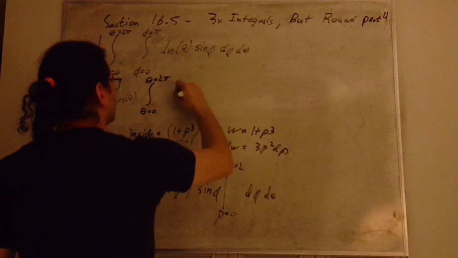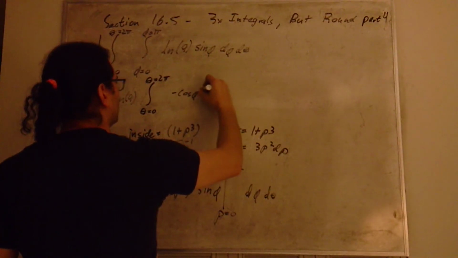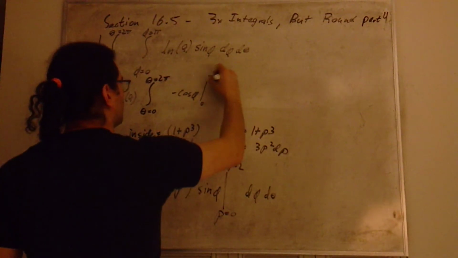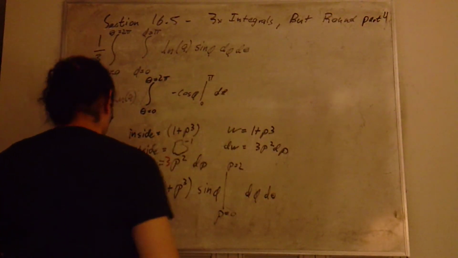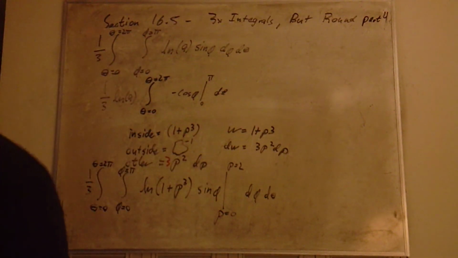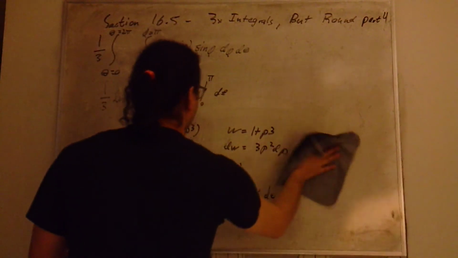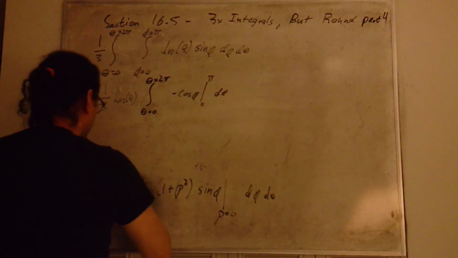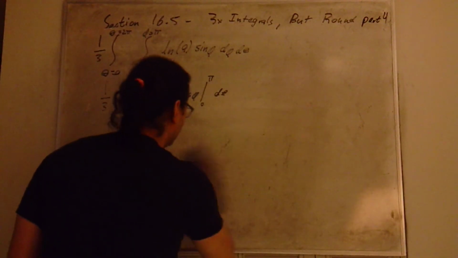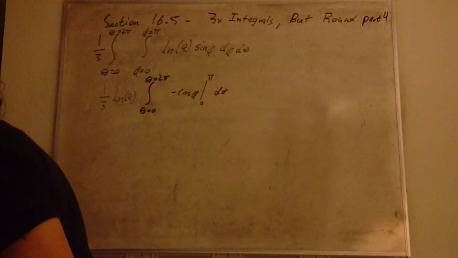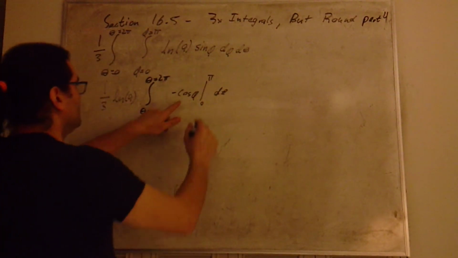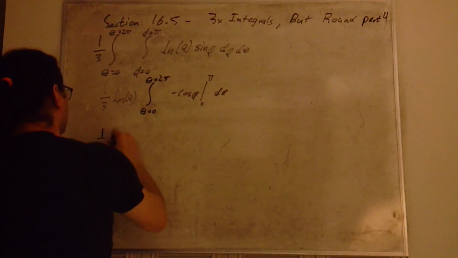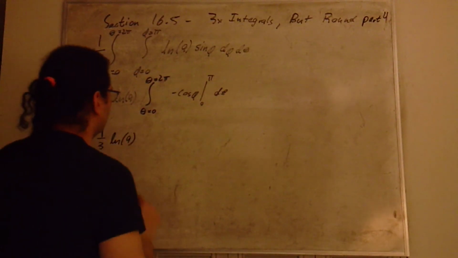Integral sine of phi is negative cosine phi from 0 to pi d theta. So, 1/3 ln 9.